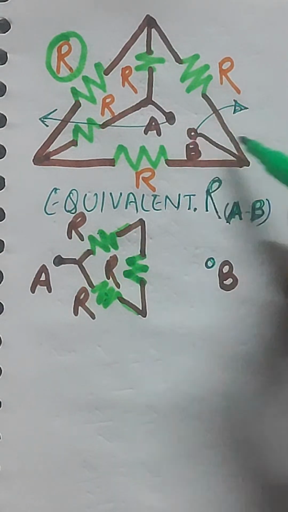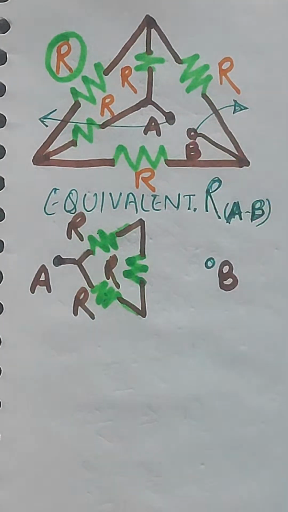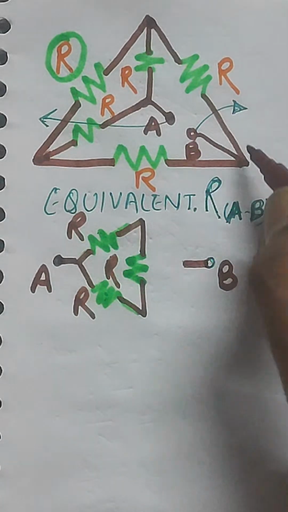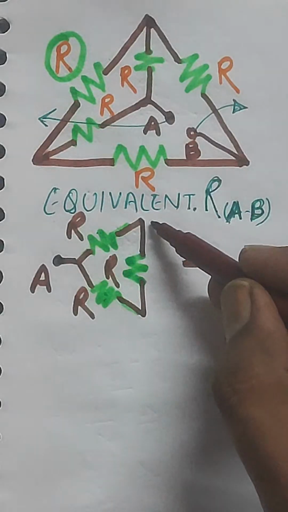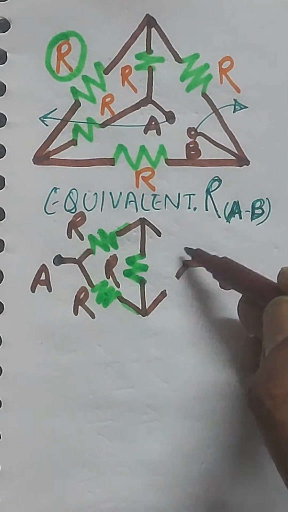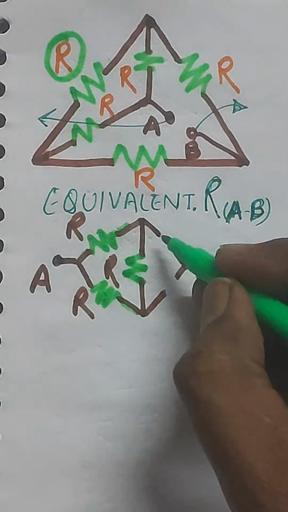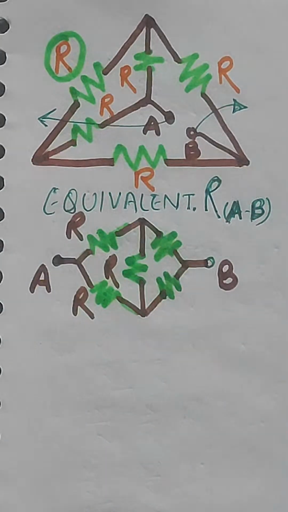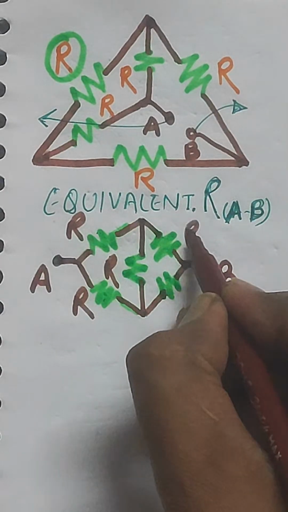Now similarly, if you just pull B to the right, here you can see two R's are connected from that branch like this, two R's. That means one R over here and one R over here, right?